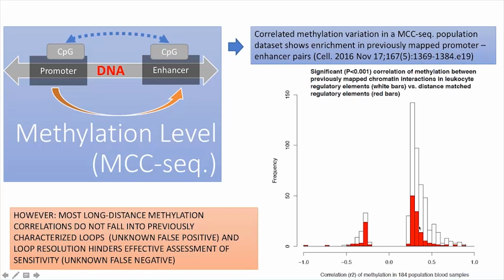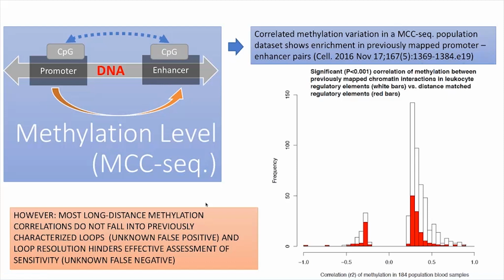The background is shown in red here, and the correlations from the loops are shown in white bars, and we see many more correlations as compared to matched background within loops.